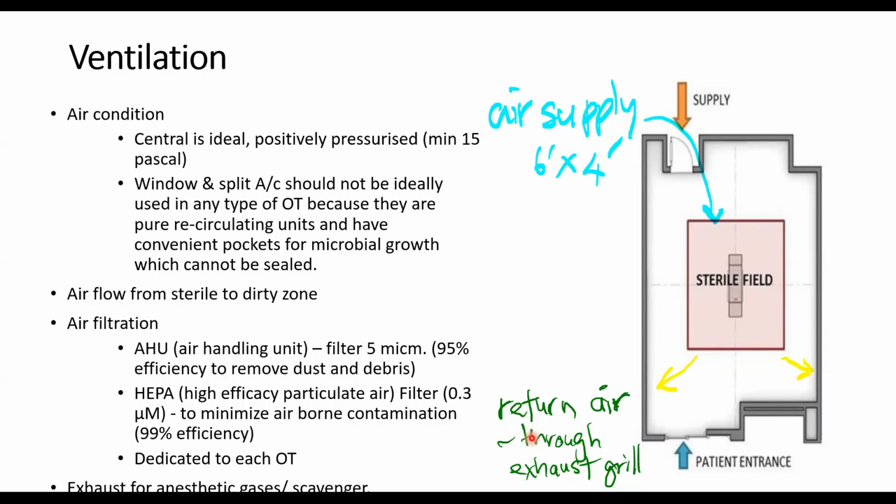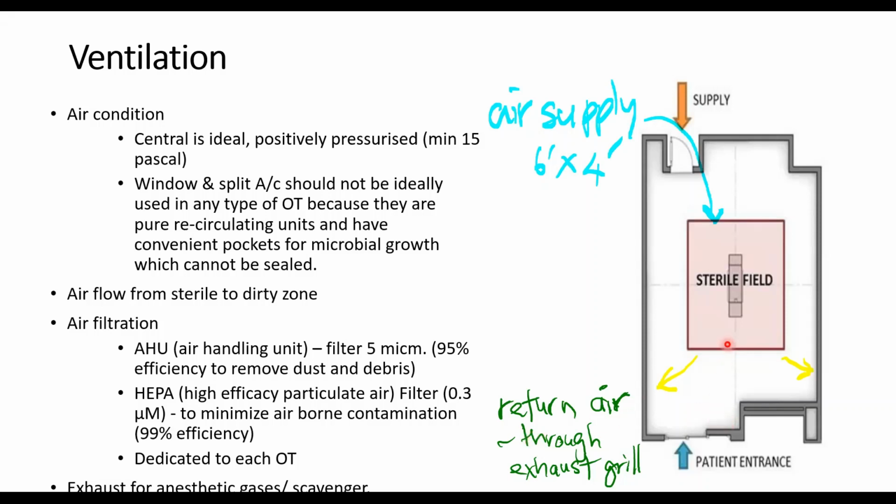And before the air is pushed into the operating theater, there is another filter, we call it HEPA filter, high efficiency particulate air, which filters smaller particles, 0.3 micron, to minimize airborne contamination. And this ventilation system is dedicated to each OT, not shared with other OTs.